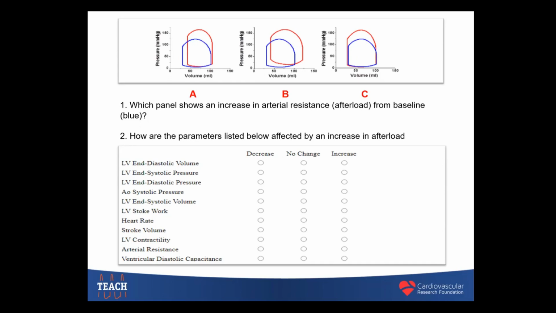Here on a pressure volume loop we can, but when you're dealing with patients, for the most part you're measuring pressures, not volumes, because we're rarely able to measure volume. But in truth, we know that if your end diastolic volume increases, your end diastolic pressure will increase too. How about your systolic pressure if you increase afterload?